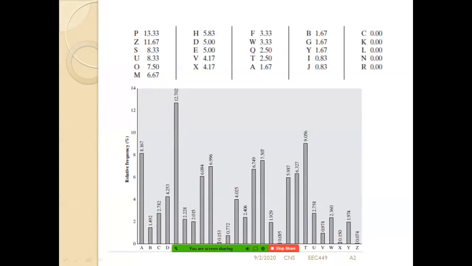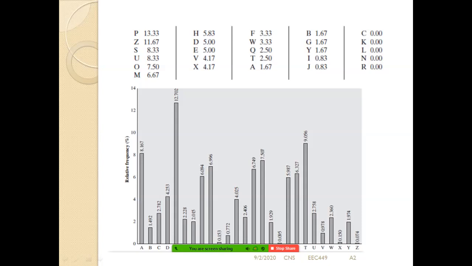Some letters are not there: C, K, L, and R. This is the frequency in the ciphertext, but in general English this is the frequency: A 8.167, B 1.497, and so on. E comes more frequently compared to any letter. Similarly, after E, T comes frequently, and so on.